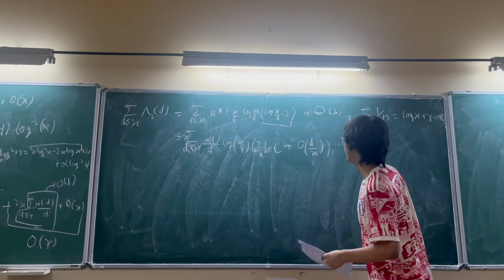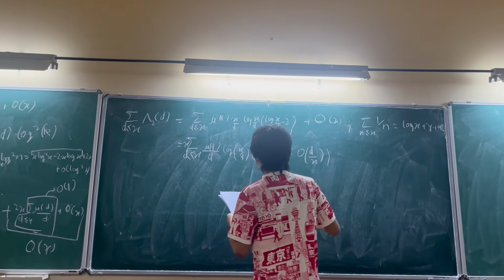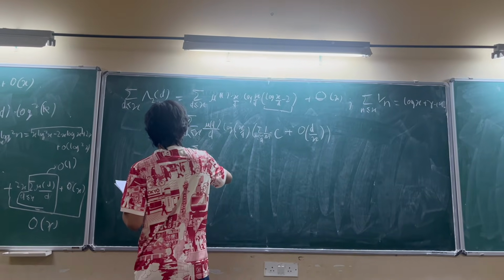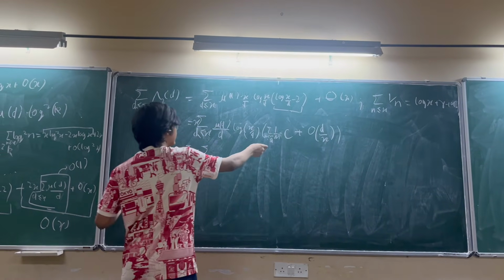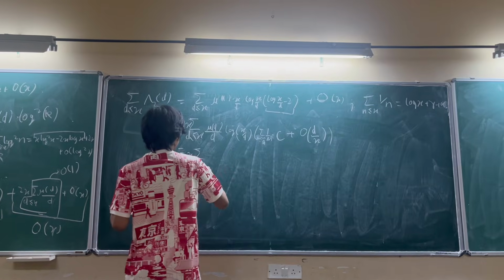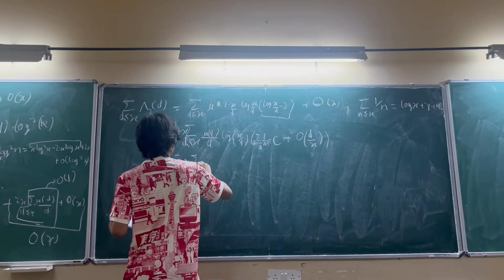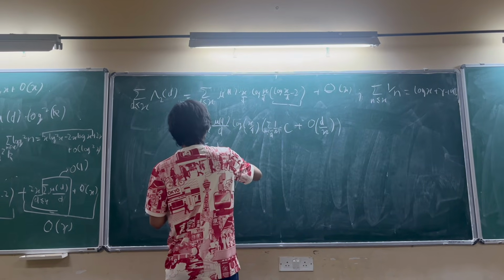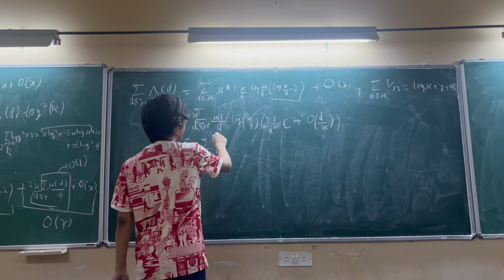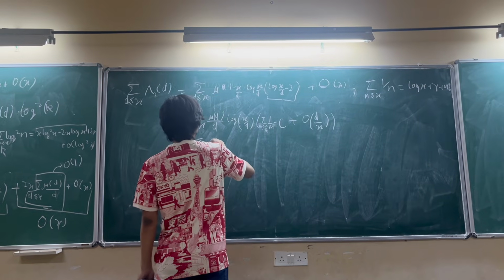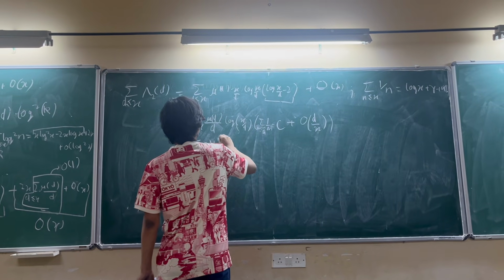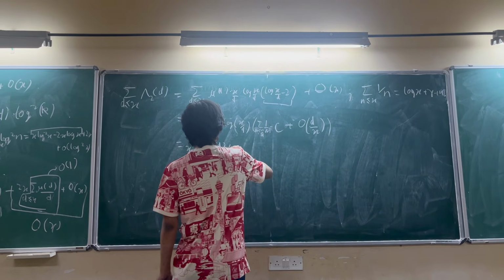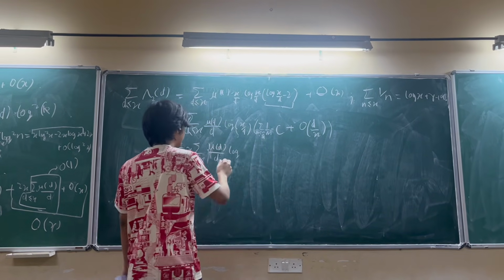Again we start comparing terms. If I am analyzing each of these terms individually, then after rearranging, the first term has d here and log x by d here. So it becomes mu of d by d, and now I'm taking log of x by d.